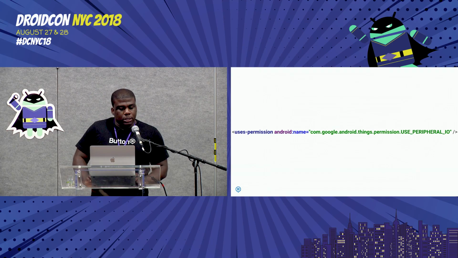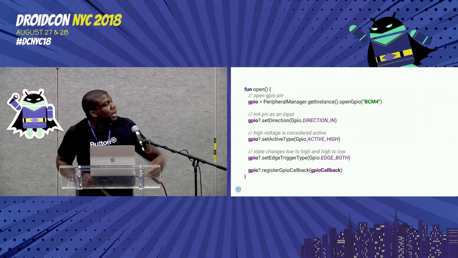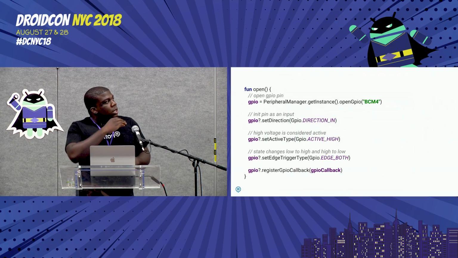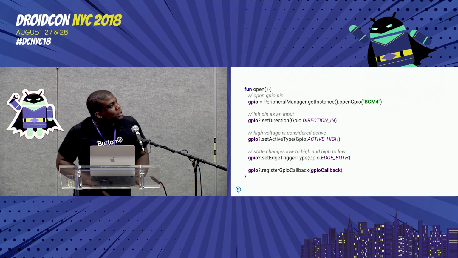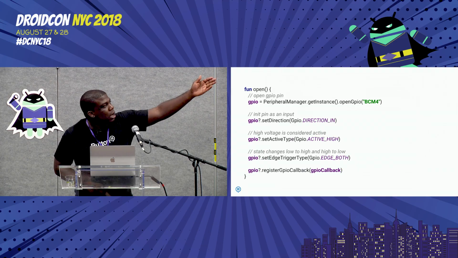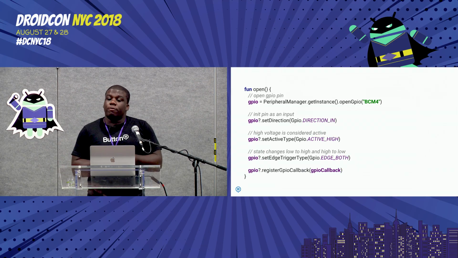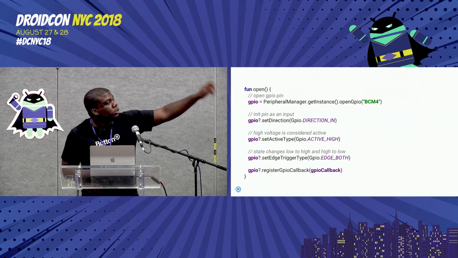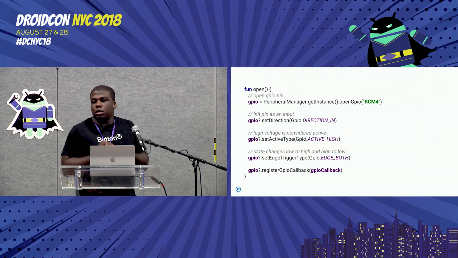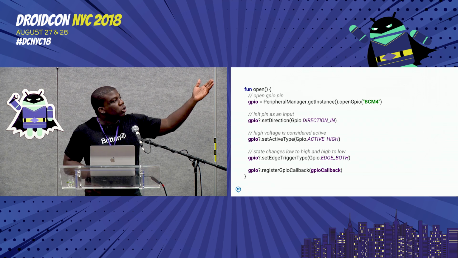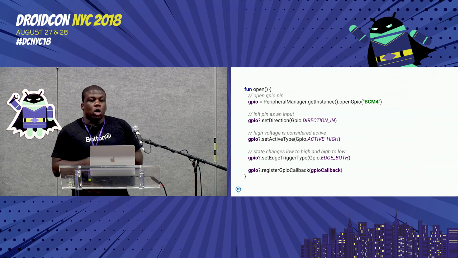Okay, the next slide shows what the actual driver is. In general, I spoke earlier about how we connected the motion sensor to the BCM4 GPIO pin. So you can call the peripheral manager, get the instance of it, and then call open GPIO to open up the pin.